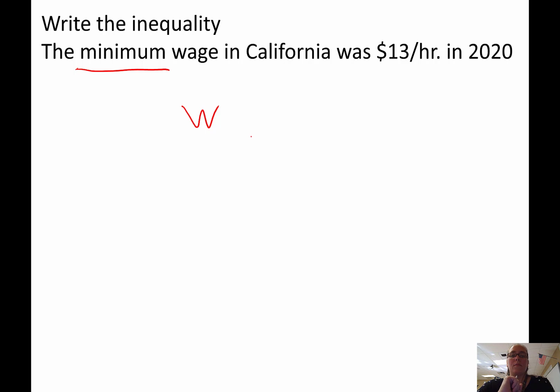That 13 is the smallest that it can be. So minimum tells me that it's going to be greater than or equal to, so whatever our wage is has got to be greater than or equal to 13.